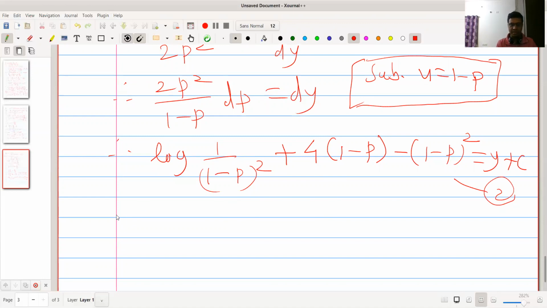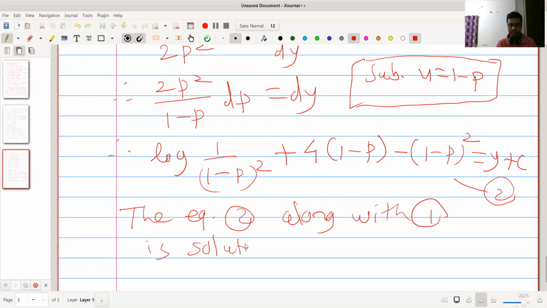So we can say that equation 2 along with 1 is the solution of the given differential equation. Thank you.